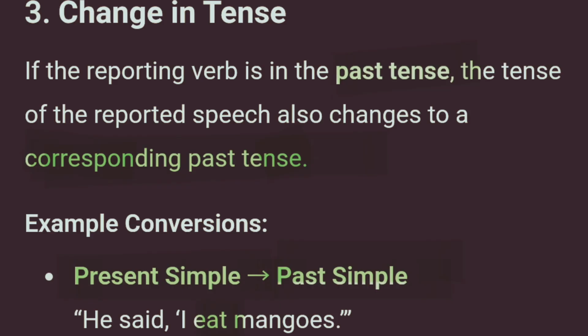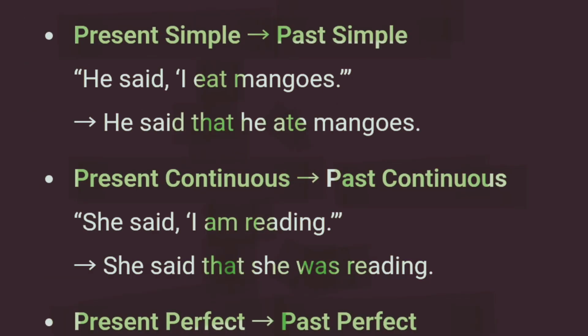Here, simple present will become simple past. In direct speech, we will say, he said, I eat mangoes. And in indirect speech, he said, then use connector that, then we will say, he ate mangoes.